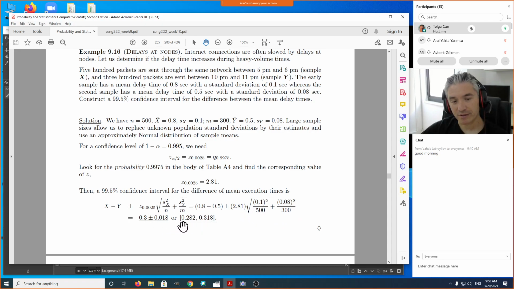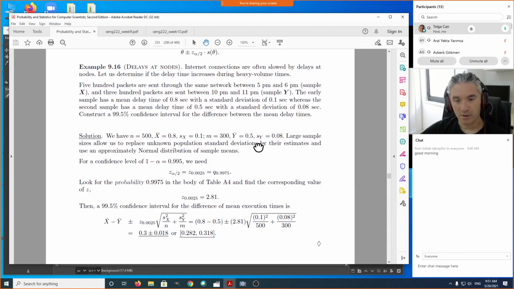So when you construct this confidence interval, you're very confident that the confidence interval contains all positive values here. The delay in the packets between 5 and 6 p.m. is significantly larger, we can say. We observe more delay between 5 and 6 p.m. compared to 10 and 11 p.m.